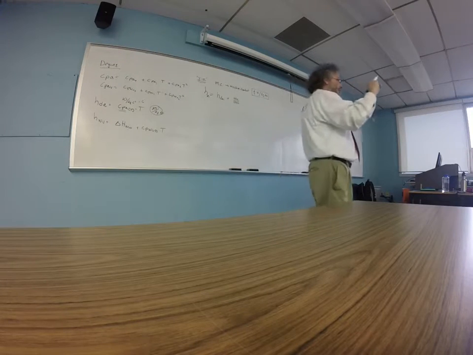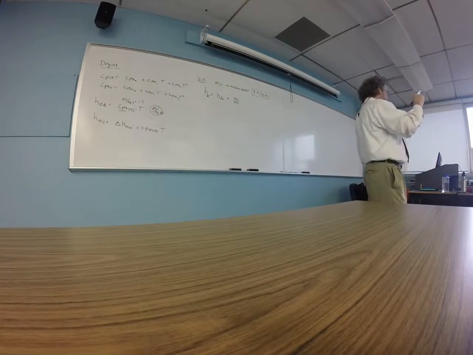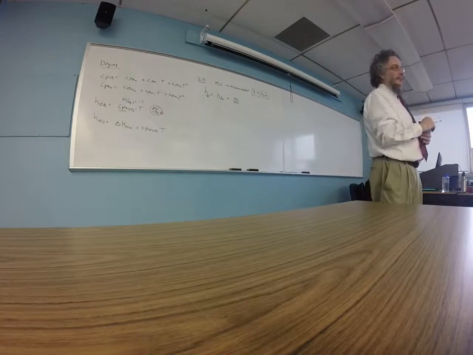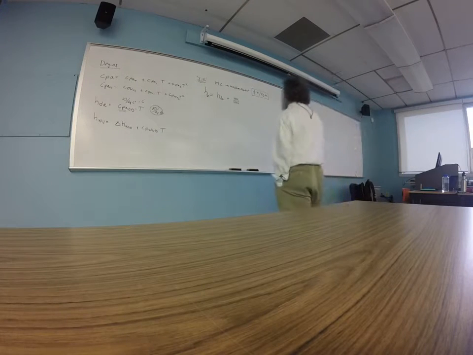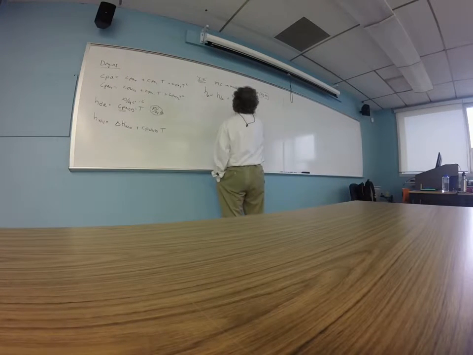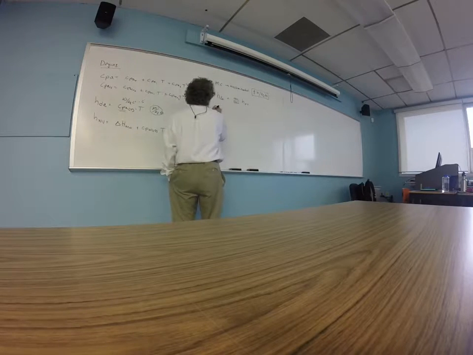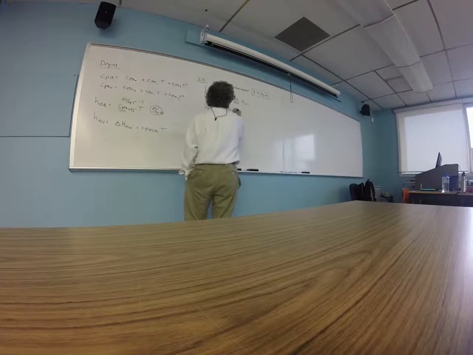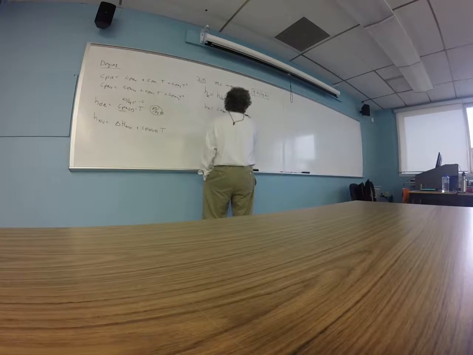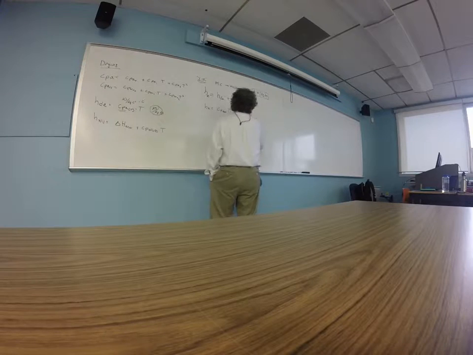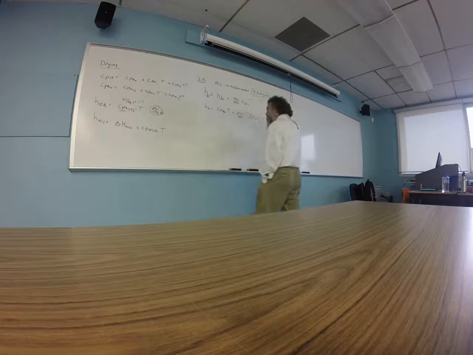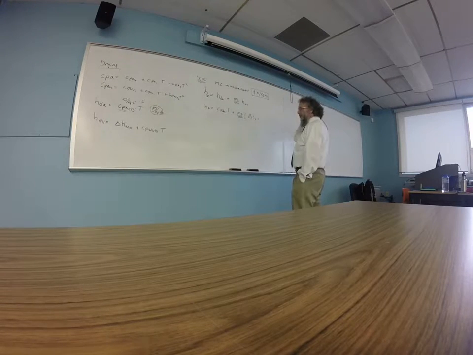If I have 1 gram, that gram is a 1,000th of a kilogram. And then you multiply by HWV, and that's it. And we use this formula lots of times.